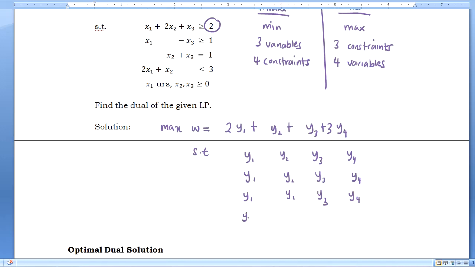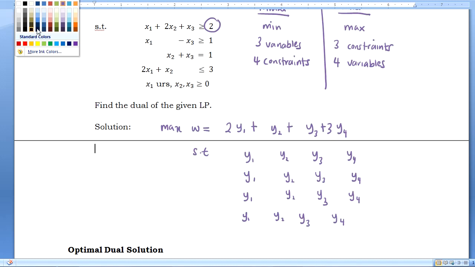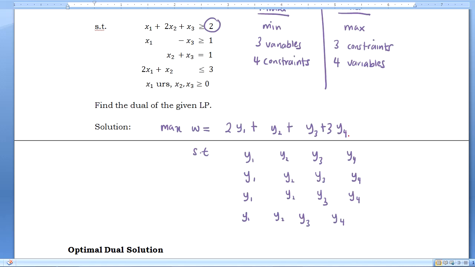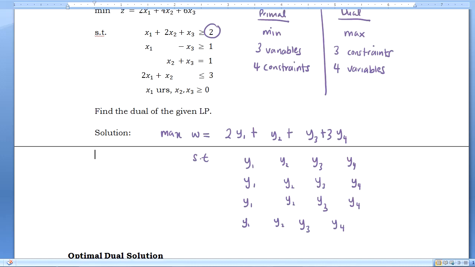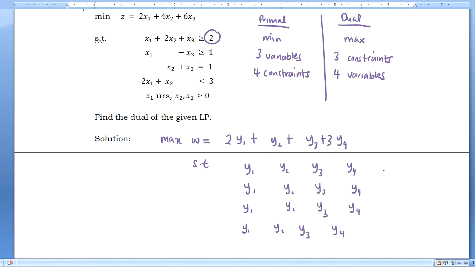And the sign restriction. Okay, now let's write the right hand side of the first constraint. The right hand side of the first constraint is 2, the second constraint is 4, and 6 is the right hand side of the third constraint.